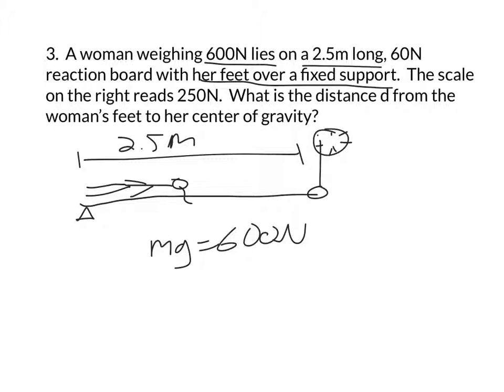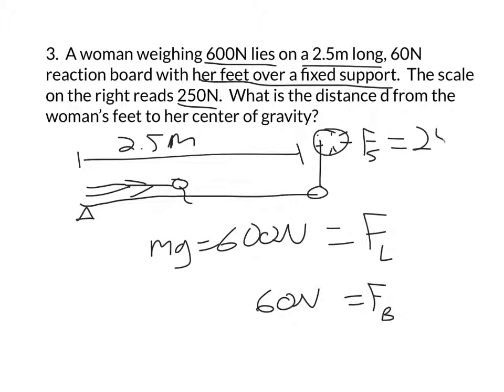So let's just say this is the weight of the lady, and then we'll call the weight of the board 60 newtons. That's conveniently 10 times less than her, I suppose. And we have a scale over here, so the force of the scale is 250 newtons. We want to know the distance d from her feet to her center of gravity.